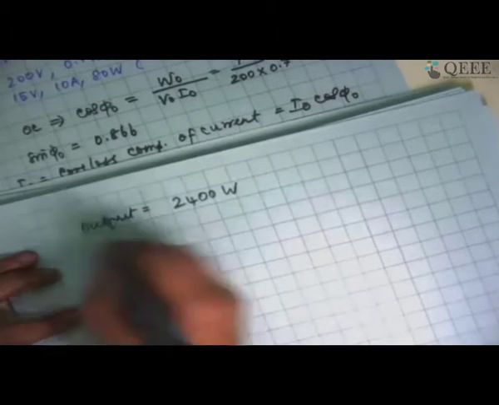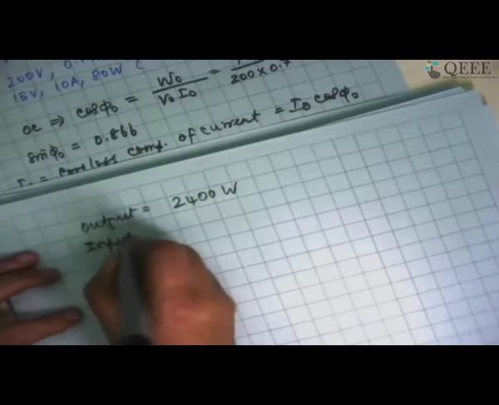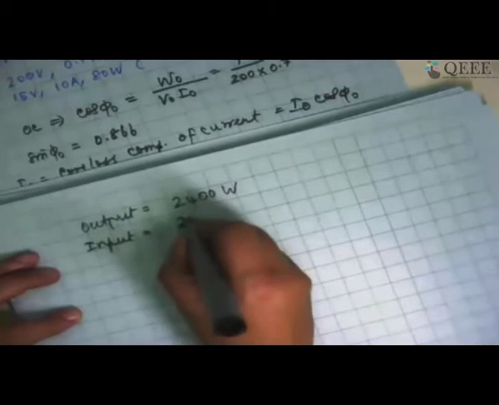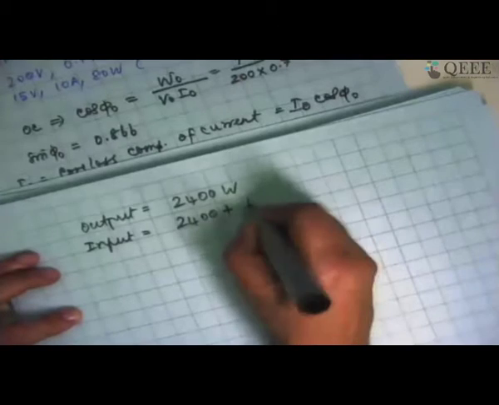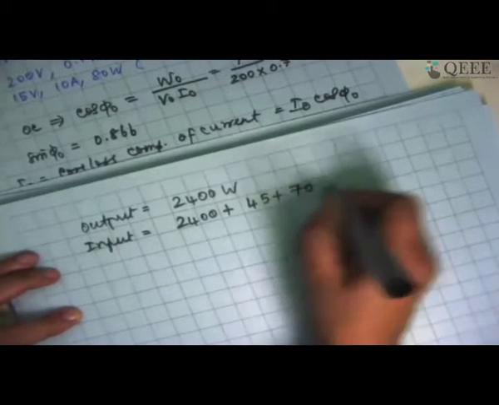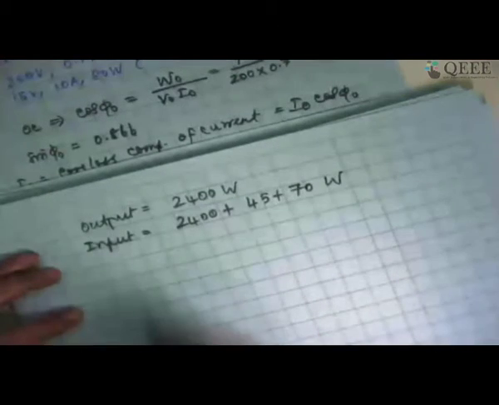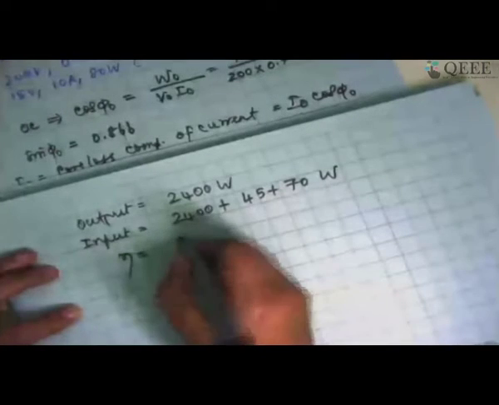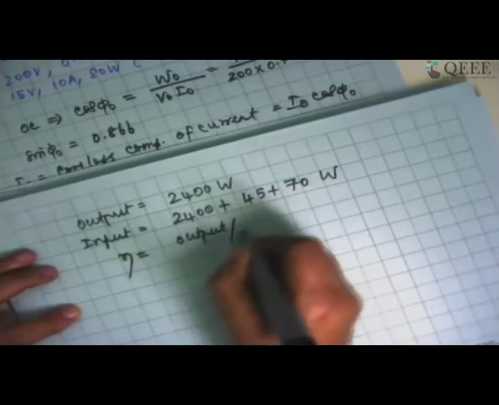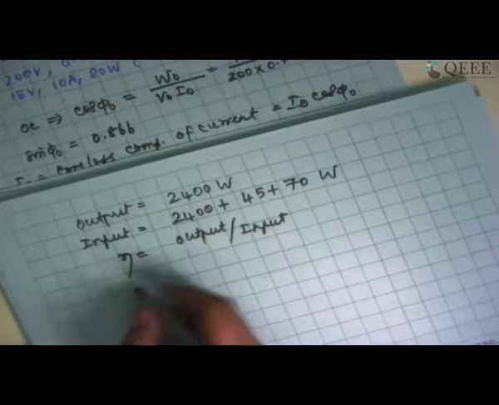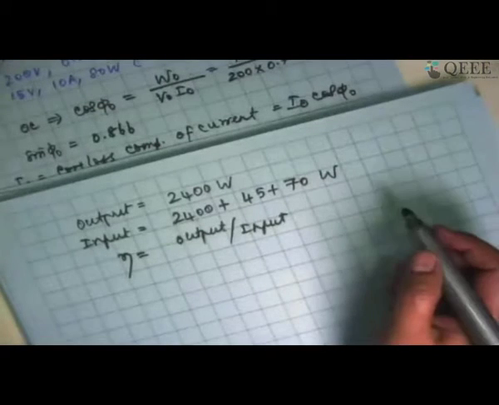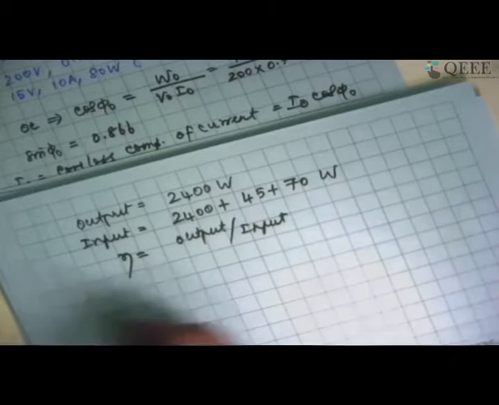So I can say output equal to 2400 watts. Input will be equal to 2400 plus 45 plus 70 watts. So efficiency equal to output by input. Now let us look at whether it is lagging or leading. Please note, I will not have any change in efficiency.